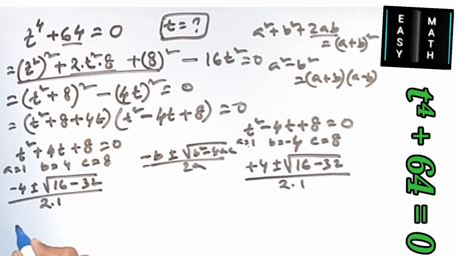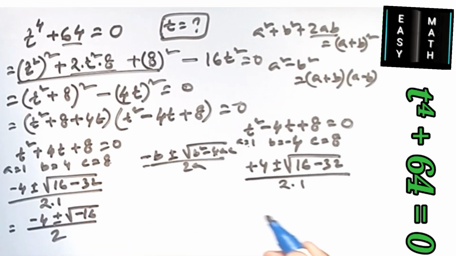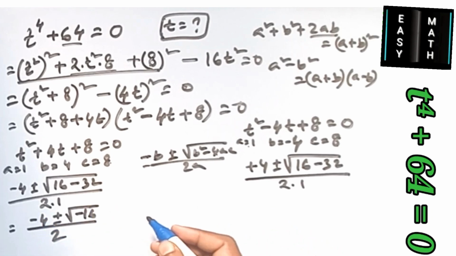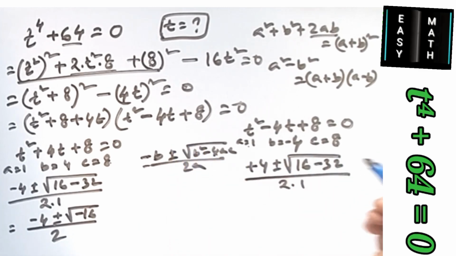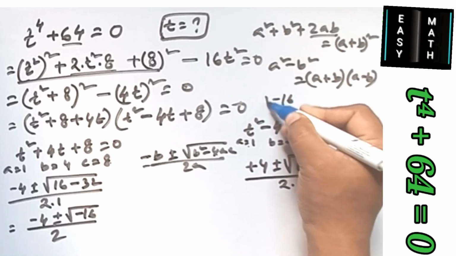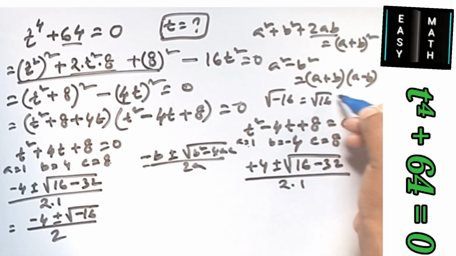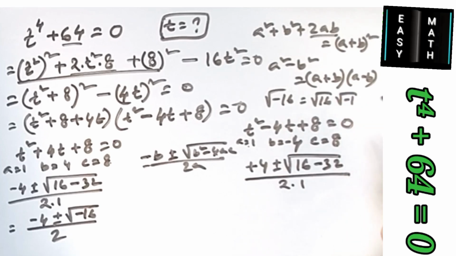So from here we get minus 4 plus minus root of minus 16, divided by 2, and we can write minus 16 root as 16 into minus 1, and root 16 is 4, and root of minus 1 is i.